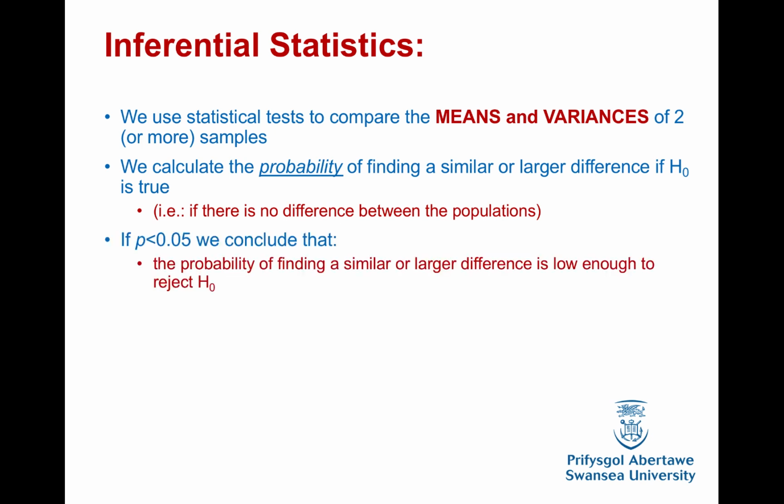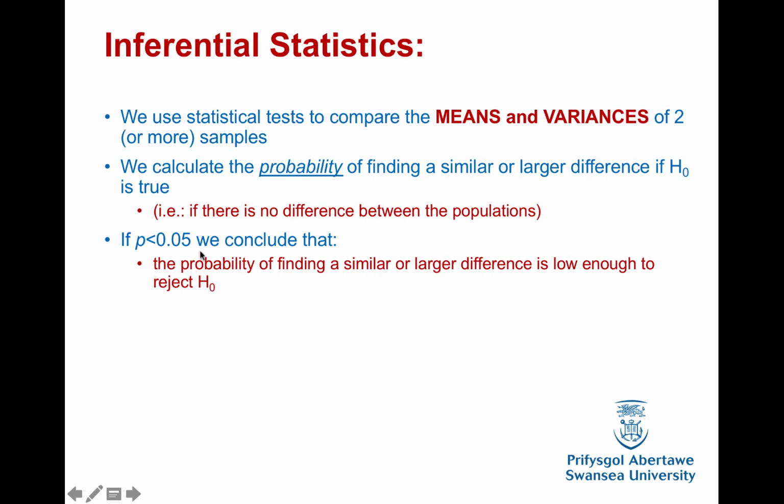Now remember, we calculate the probability, or p, and we have this arbitrary threshold that we use called alpha, and if p falls below this threshold of 0.05, we conclude that the probability of finding a similar or a larger difference is low enough to reject the null hypothesis.